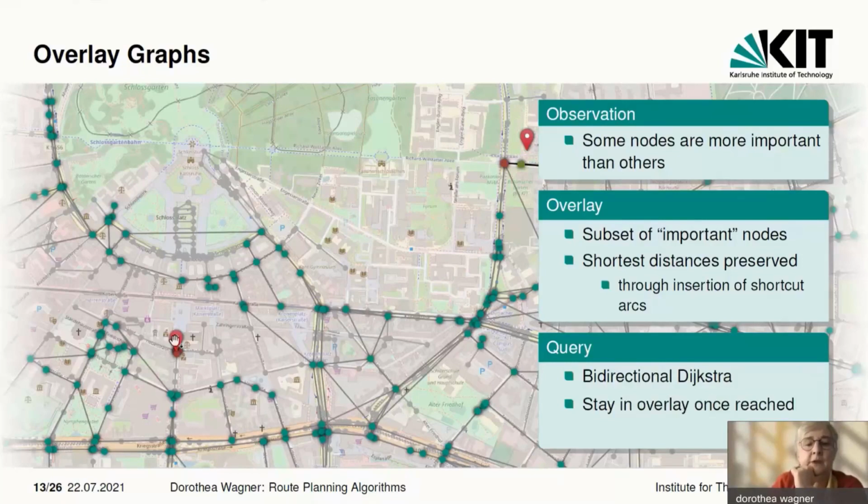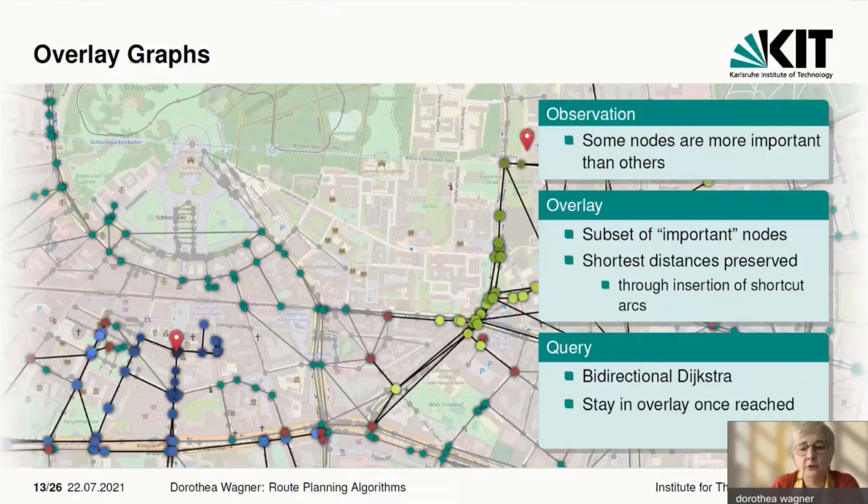So starting from S and from T, we start with Dijkstra's algorithm, but as soon as we reach one of these important nodes, we are in the overlay graph and we stay in this overlay graph, which means we only inspect these direct shortcut edges, which is less than inspecting all the nodes and edges in the original graph.